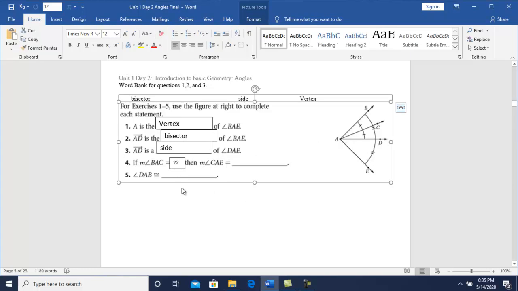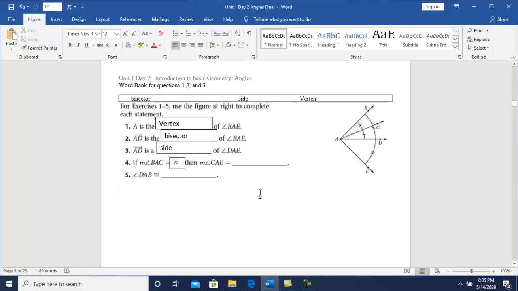All right, so how would you find CAE? Well, the first thing we're going to do is look at this top half of the angle. You've got a tick mark here and a tick mark here. Since these two halves are equal to each other, they're congruent, and this would be your angle bisector. This would mean that if BAC is 22, CAD is 22.